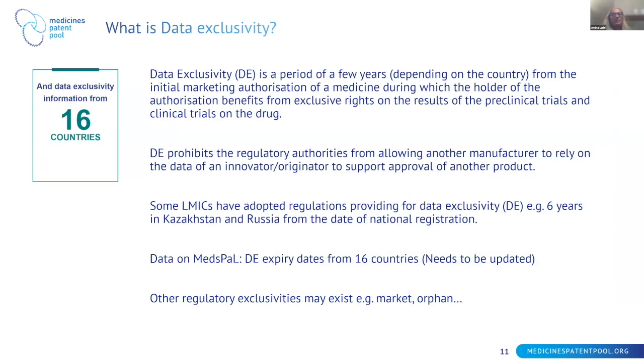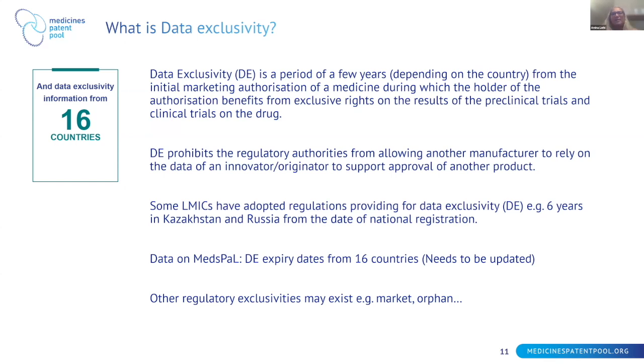And finally, the last piece of information that we find in MedsPaL for the products is data exclusivity. Data exclusivity is associated to a marketing authorization in a country, and it's a period of years from the initial marketing authorization of a medicine during which the patent holder, the originator, or let's say the marketing authorization holder, has exclusive rights on the results of the preclinical data and clinical trials of the drug.